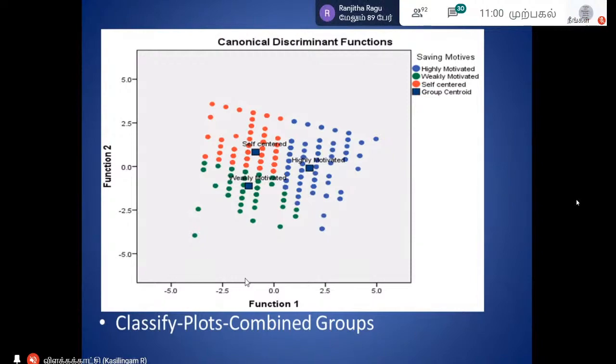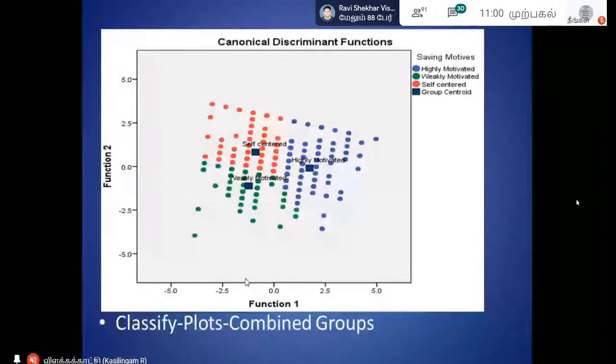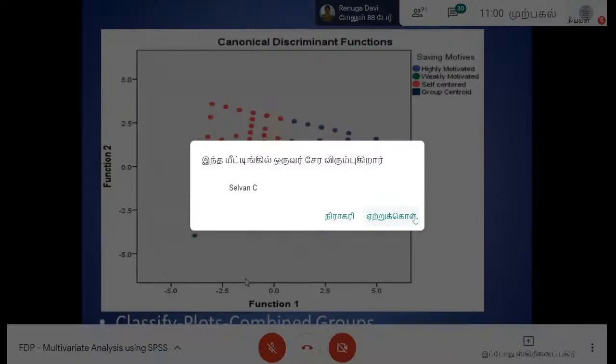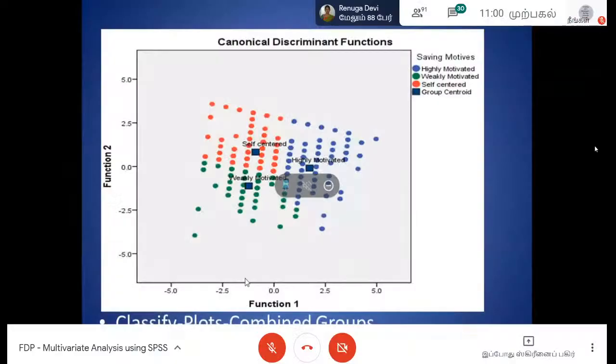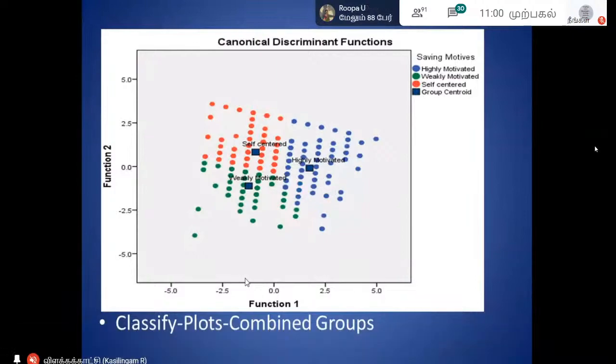So in function 1, weakly motivated people and highly motivated people are different. Highly motivated people have higher values in function 1, weakly motivated people have lower values. Which means function 1 discriminates weakly motivated and highly motivated.